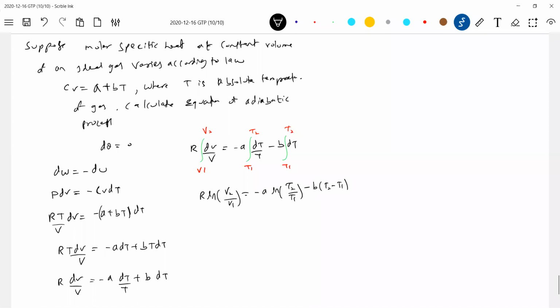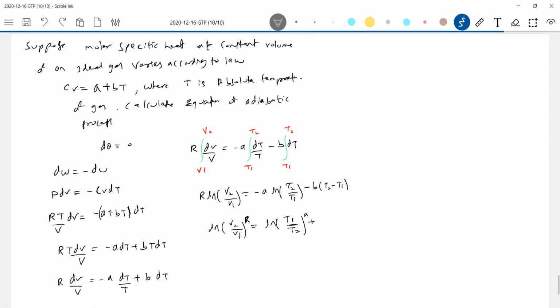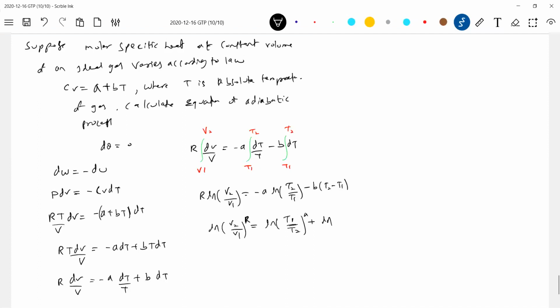Let me simplify this. So this will become log of V2 by V1 to the power of R, and this will be log of T1 by T2, negative sign, let me adjust there, to the power of A, plus, I have to bring log, log of e to the power of minus B (T2 minus T1).